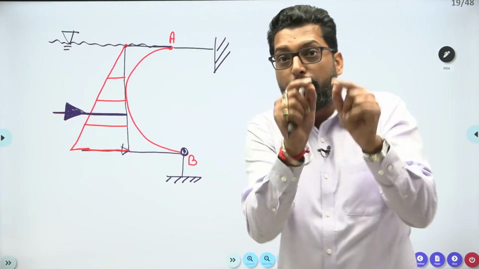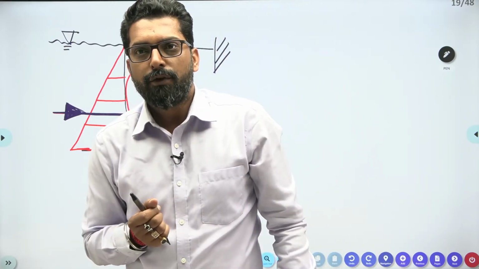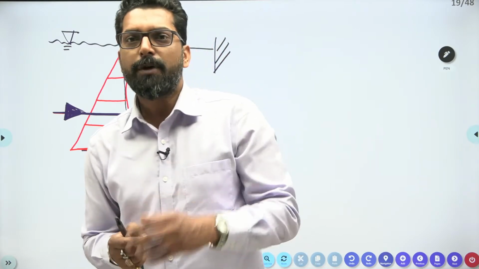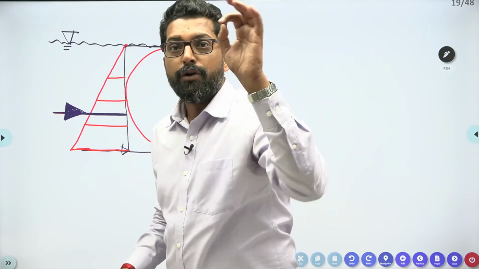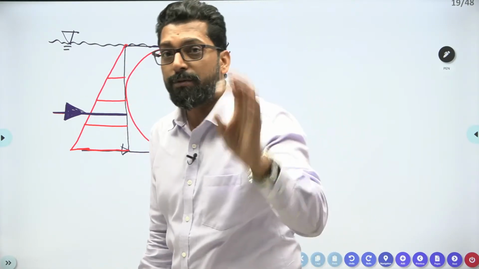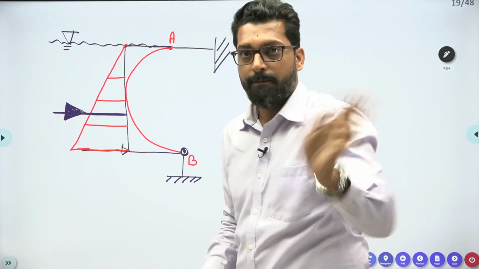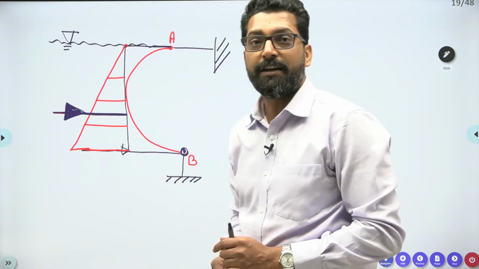The net horizontal force passes through the CG of the plate, no, not the CG of the plate, beta, but the CG of the pressure triangle.